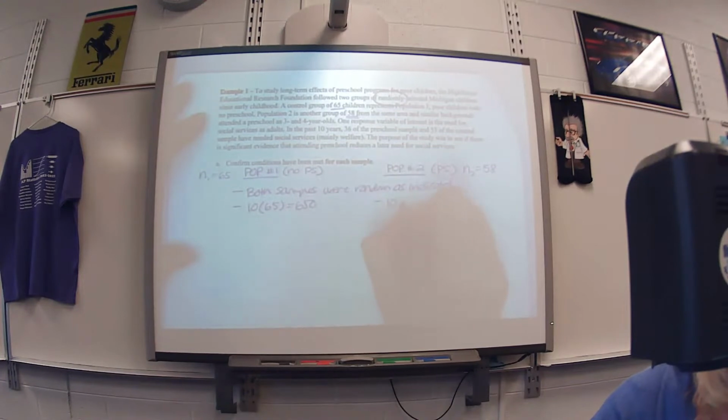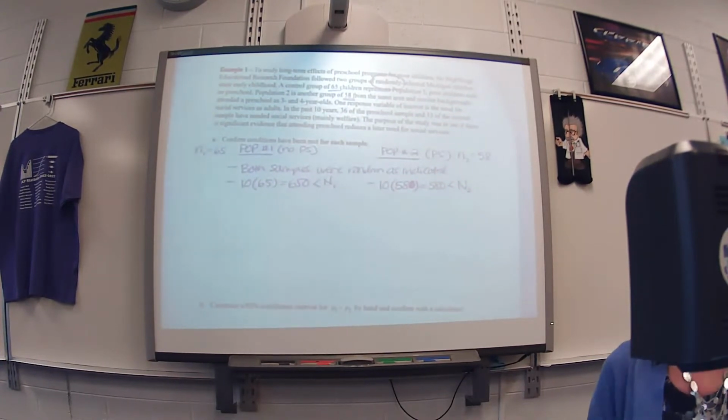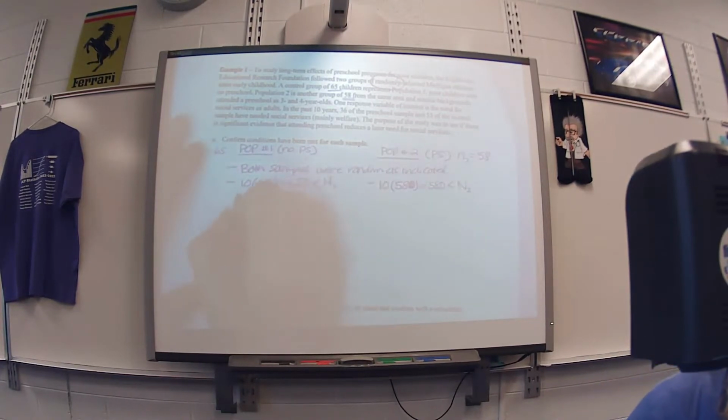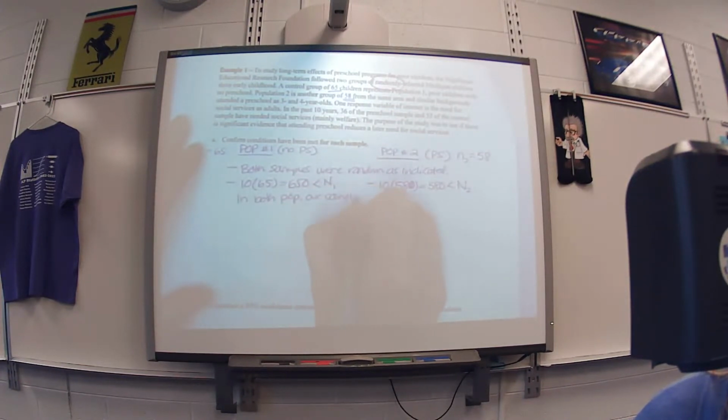And I'll do 10 times my n size here. All right, and in both cases, is that less than my population? Yeah, I think so. In both populations, our samples were less than 10%.